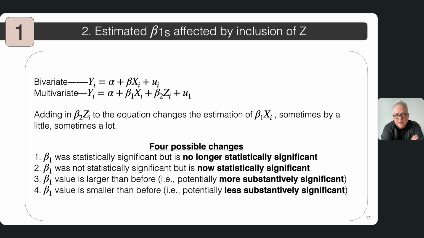And with the other 2 potential effects, it could be increasing or decreasing substantive significance once you control for the other factor. That estimated relationship, that slope, that fitted line, could either get steeper or shallower once you control for the other factors.